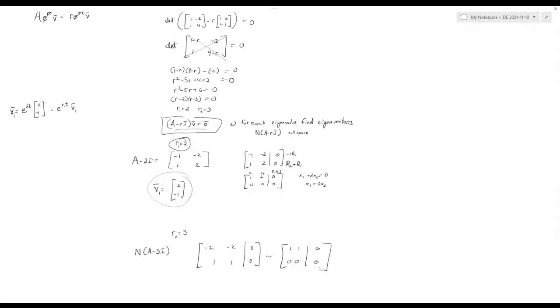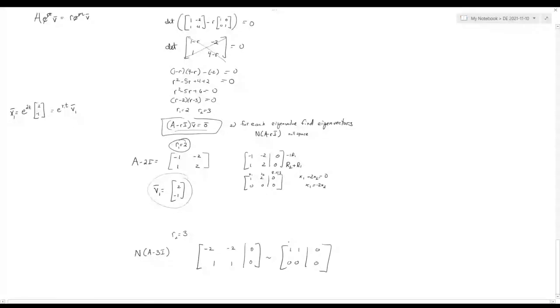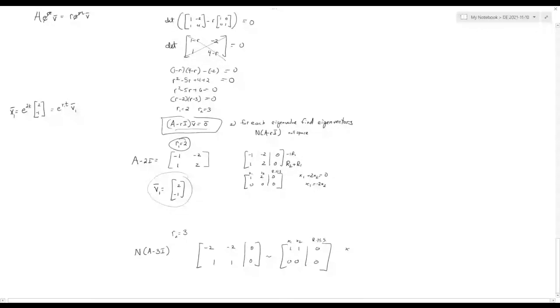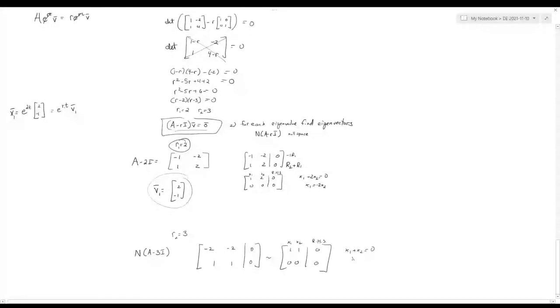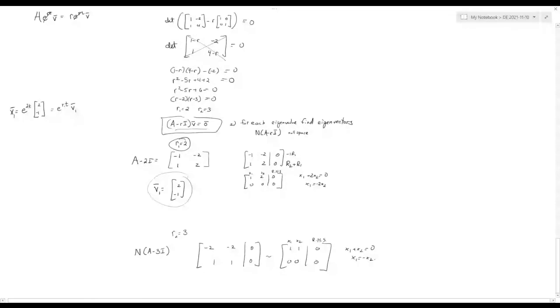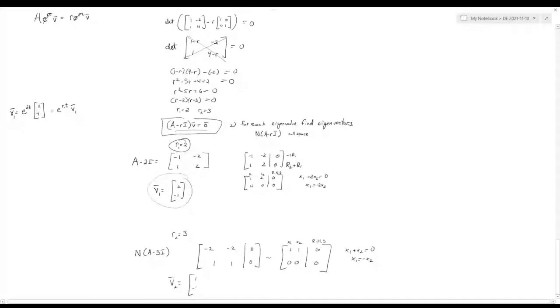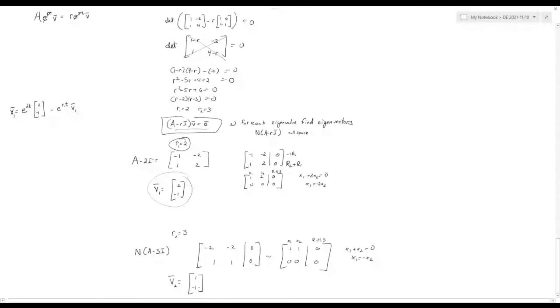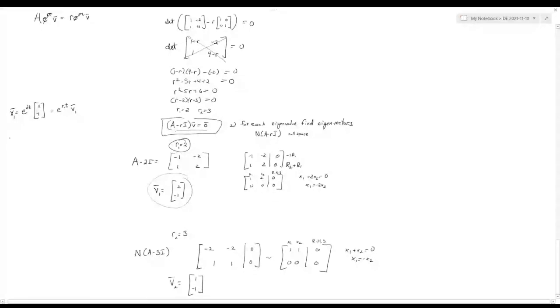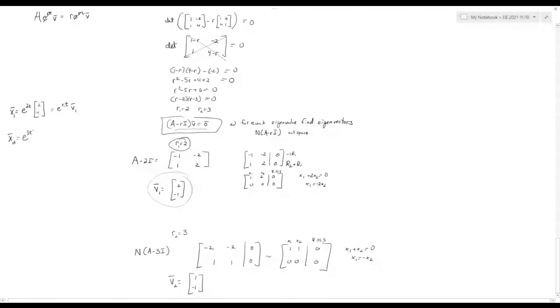This first row represents the equation that x1 plus x2 must be 0, so x1 and x2 are simply negatives of one another. A good eigenvector here would be, let's say, x1 is 1, so x2 would be negative 1. So now we have another solution, e to the rt times the corresponding eigenvector.